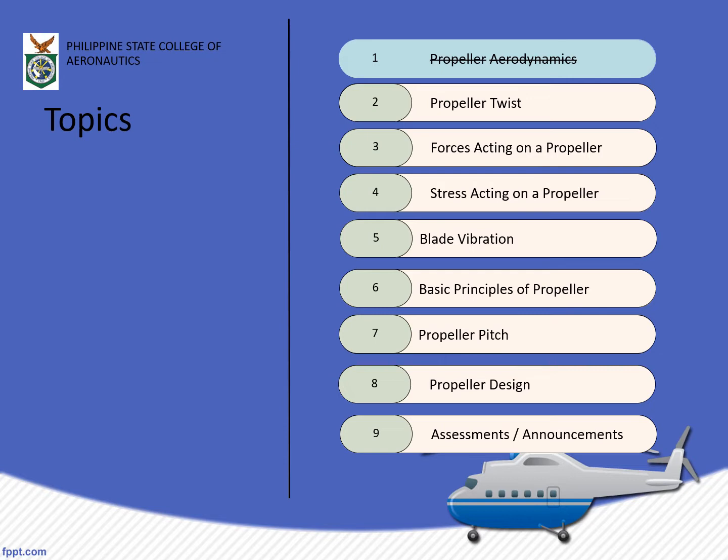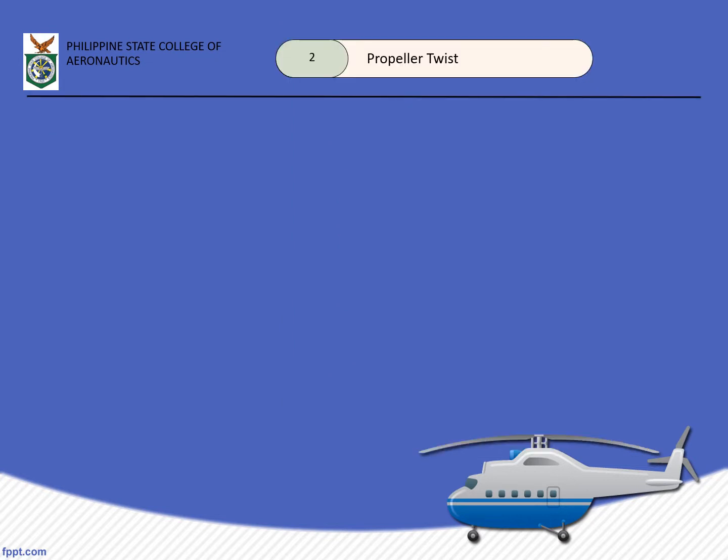Now, as we move forward with our topics, especially when we reach the computations part, we would get to it again. Now, we move forward to propeller twist, which I think I mentioned in our previous lessons, but we would get into detail. What exactly is propeller twist?